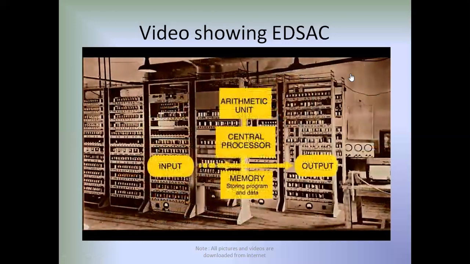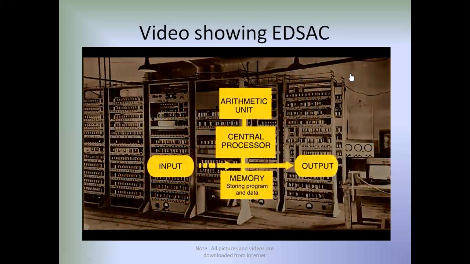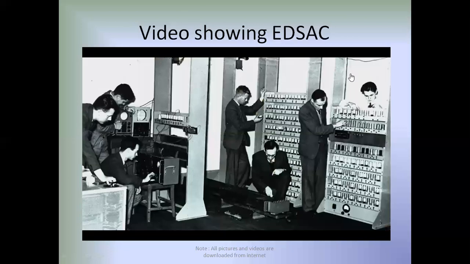So, EDSAC has all the features of a modern computer: input, output, a memory or store holding program and data, a central processor, and an arithmetic unit. This is the so-called von Neumann architecture that inspired the Cambridge pioneers in the 1940s.